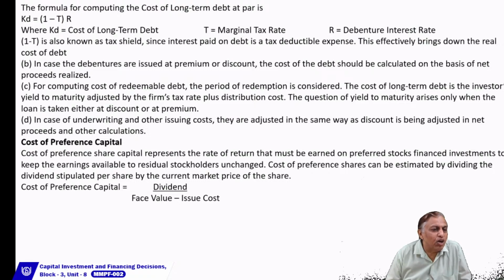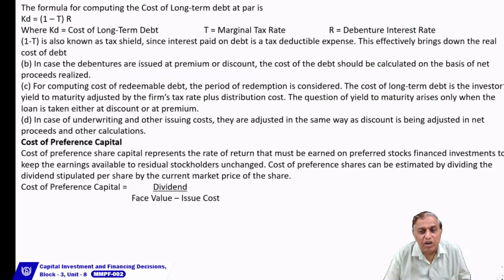If we look at the cost of preference capital, the cost of preference capital represents the rate of return that must be earned on preferred stock financed investment to keep the earnings available for residual stockholders unchanged.